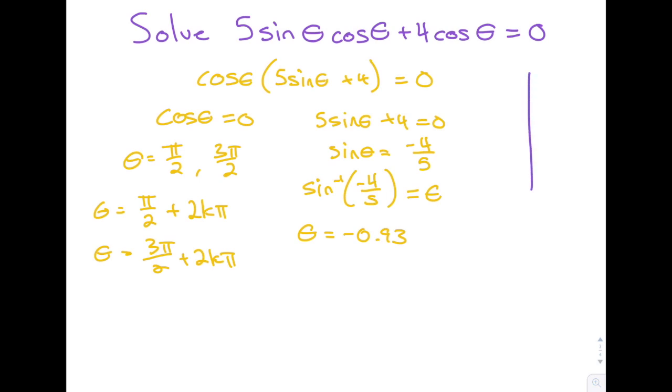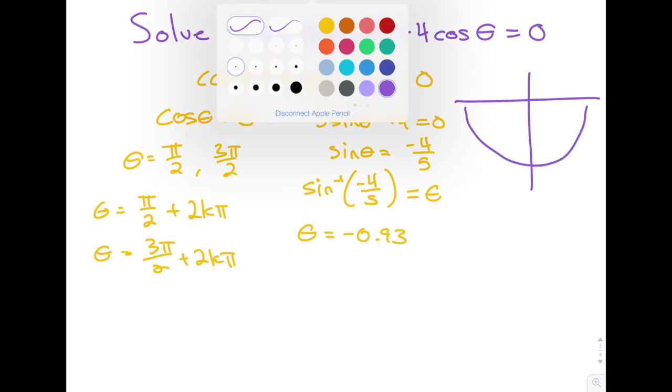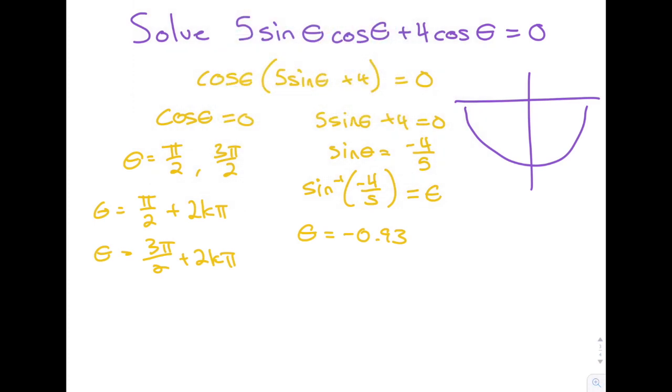So remember our unit circle. If this is the angle, maybe roughly here, this angle, theta equals negative 0.93, this is the angle that gives us negative 4/5.